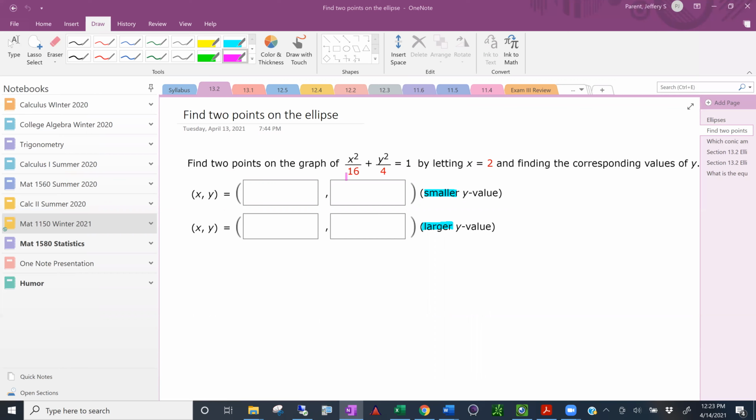Just find 2 points on the graph of x squared over 16 plus y squared over 4 equals 1. So, okay. Let's see if we can do that. Now they tell us to start by letting x equal 2 in these equations, and then moving from there, try and find a couple of values for y.